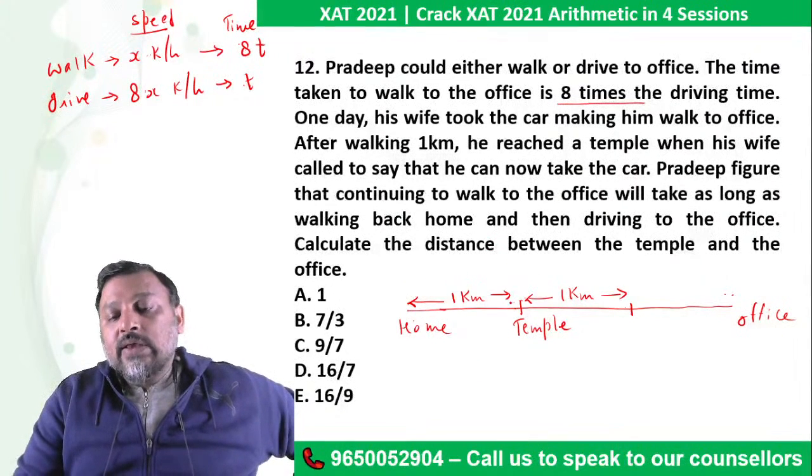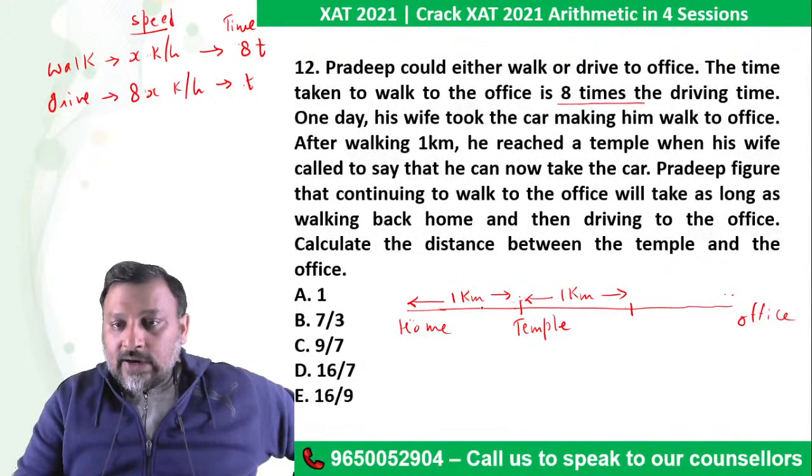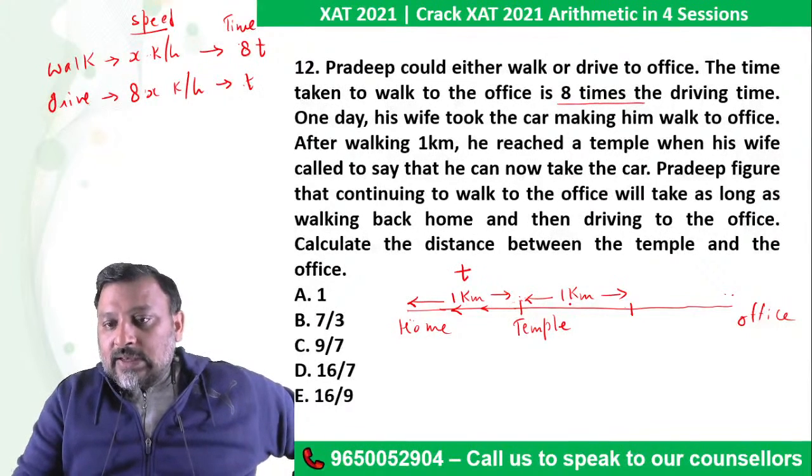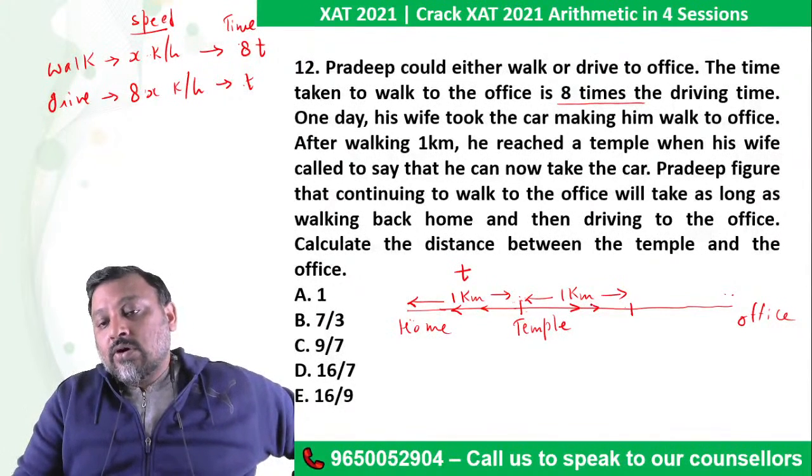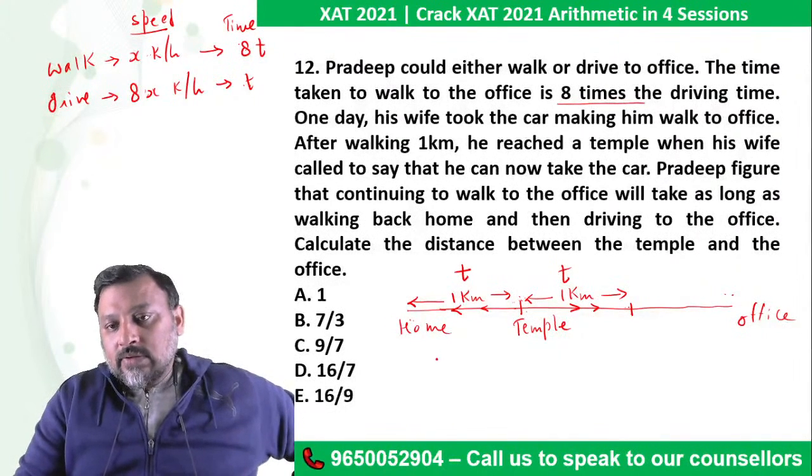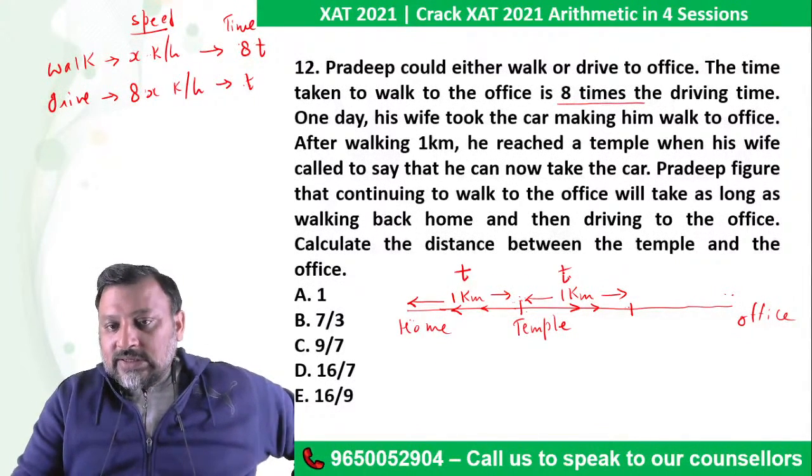Even if he goes to pick up his car, the time that he would take to travel home, if I say this time is t, would be the same as the time that he would take to walk 1 kilometer towards the office. So these two times are the same.